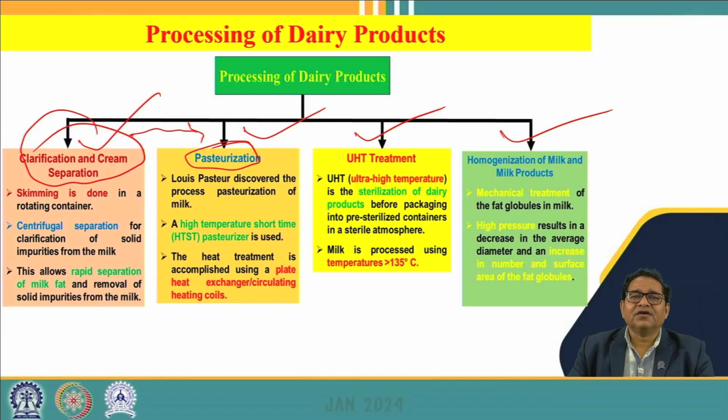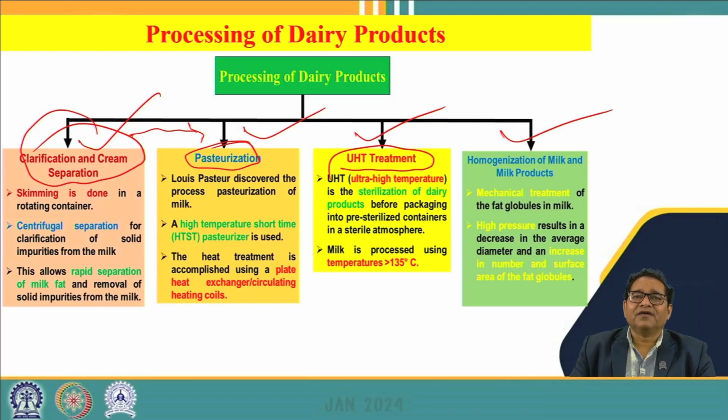This heating can be done either way, through a plate heat exchanger, or we can have circulating heating coils that transfer the heat to the tank for pasteurization. And then there is also the UHT treatment. UHT means the ultra high temperature treatment that is carried out for final sterilization of dairy products before the packaging is done.